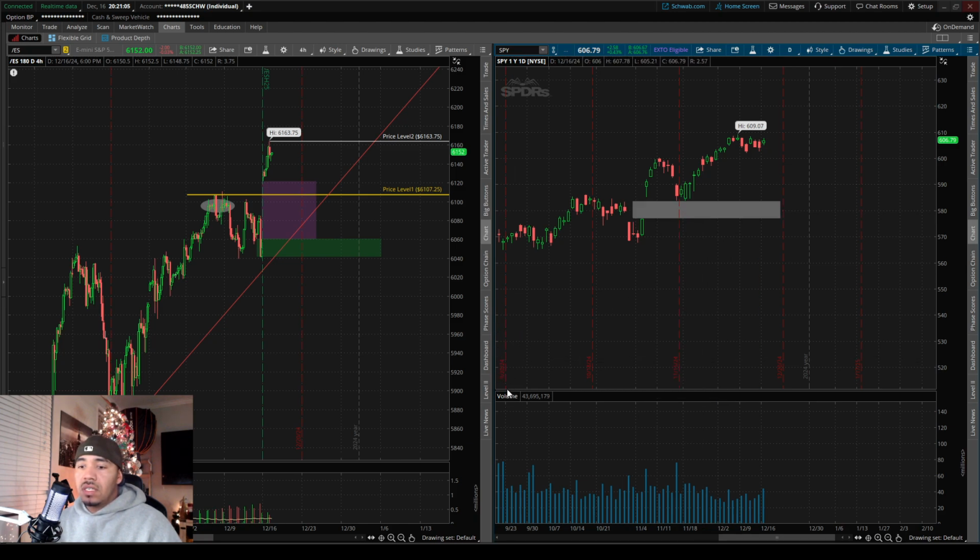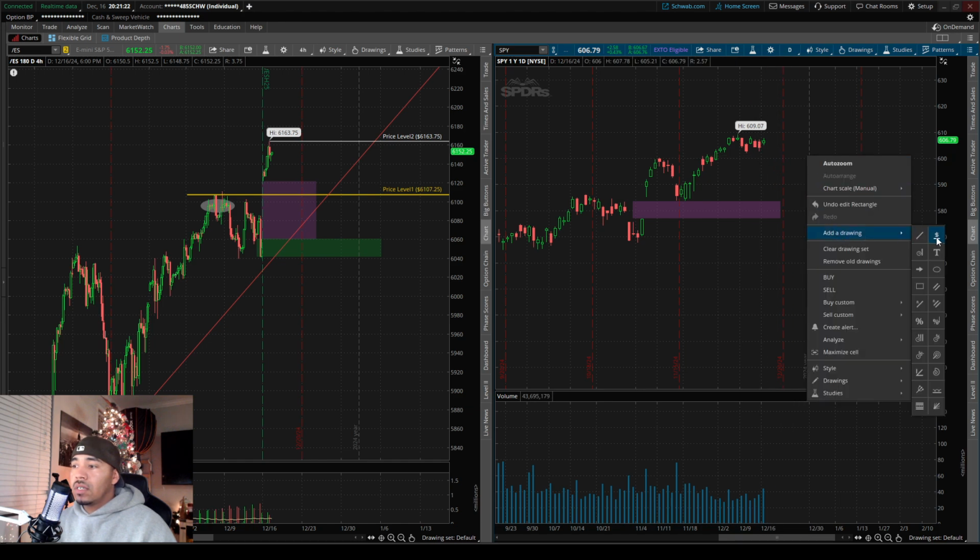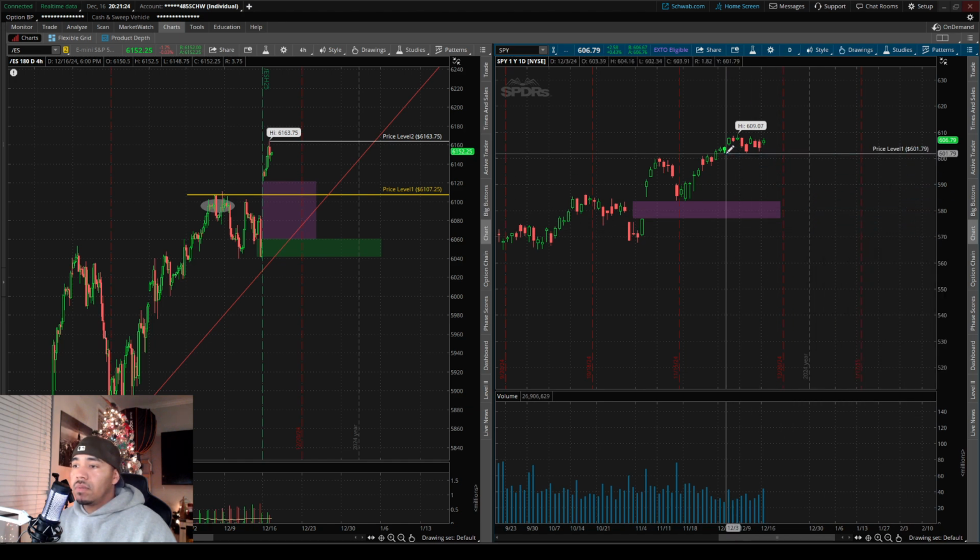Now you have to understand what type of trader it is that you want to be, right? I like trading gaps. That's one of my setups that I do like. All right. So here, understand that on the daily, we do have support right here. Now, I usually don't do this so far out as far as time frame wise, which is the daily.